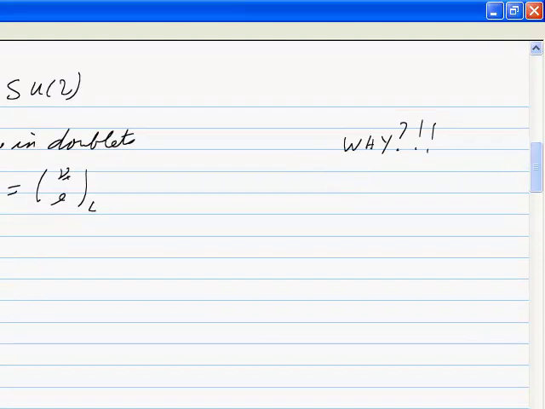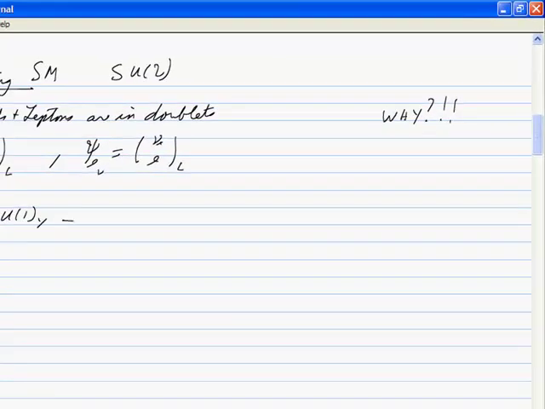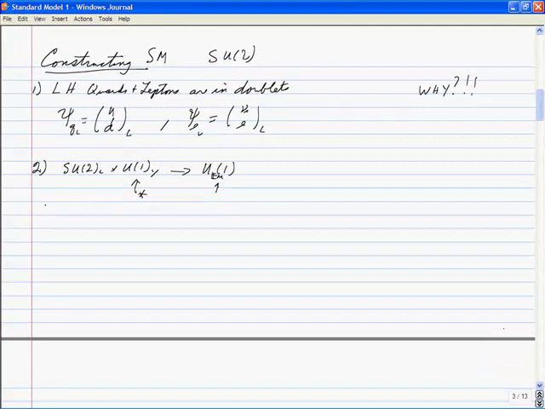Second, we're going to take SU(2) left cross U(1) of hypercharge to U(1) of E and M. So there are two conventions we need to do. On both these U(1)s, we need to define a normalization convention.